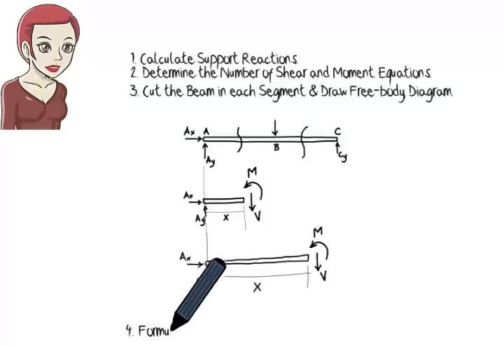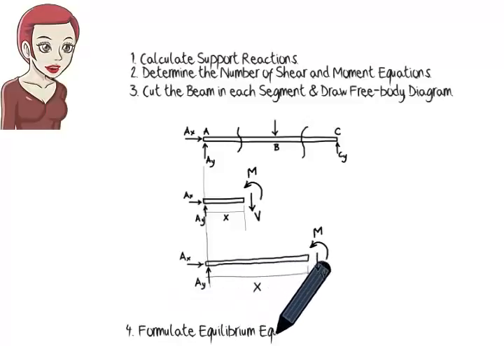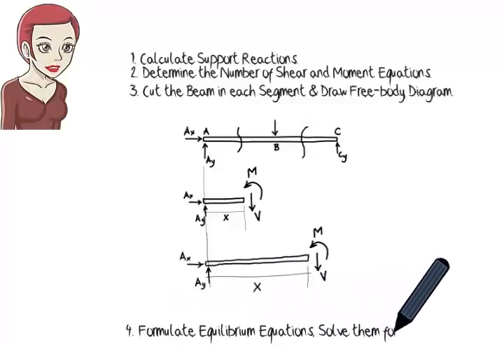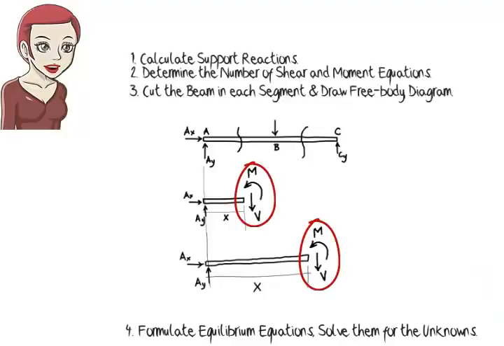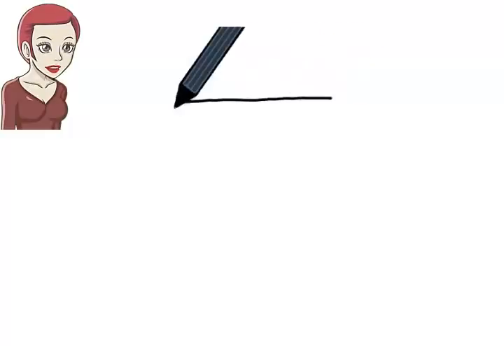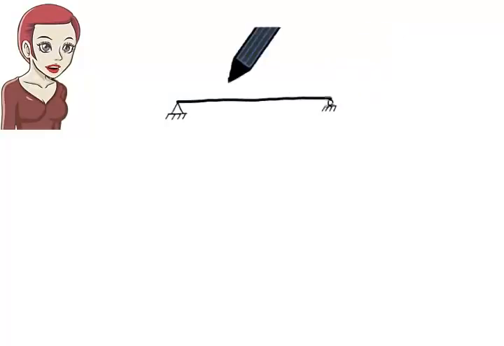The fourth step is to formulate the equilibrium equations for each segment and solve them for the unknowns. Here, the unknowns are the shear and moment at the cut point. Let's go through this process using a simple example. Consider the simply supported beam subjected to a concentrated load of 10 kilonewtons.